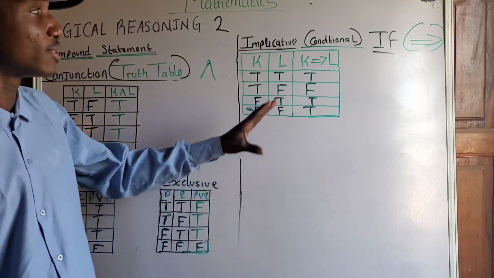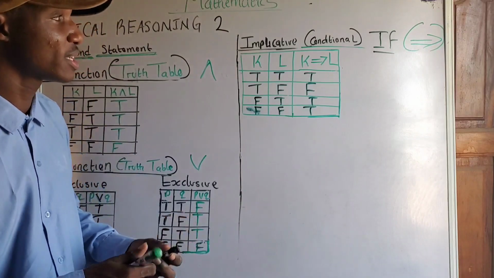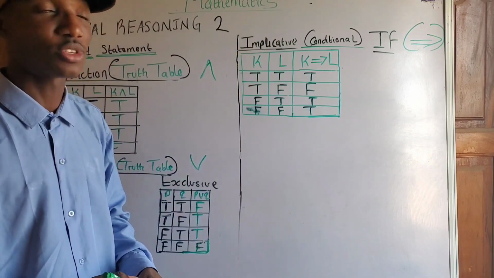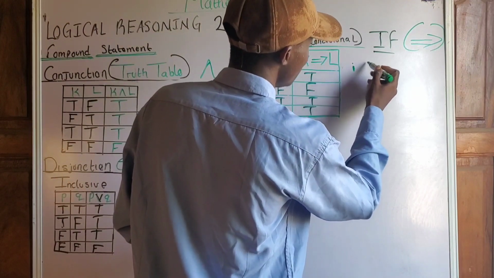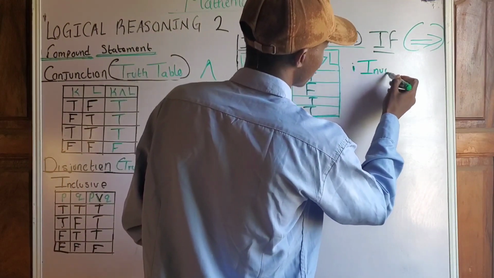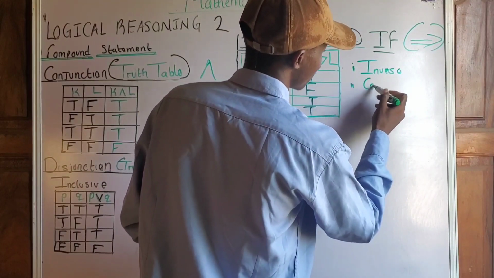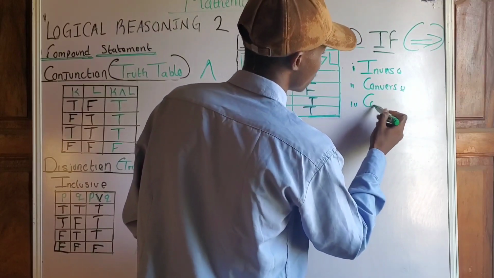Okay, so this is the truth table for implicative or conditional statements. There are some properties that I want to emphasize as touching this particular concept. The first property is inverse. The second is converse, and the third is contrapositive.